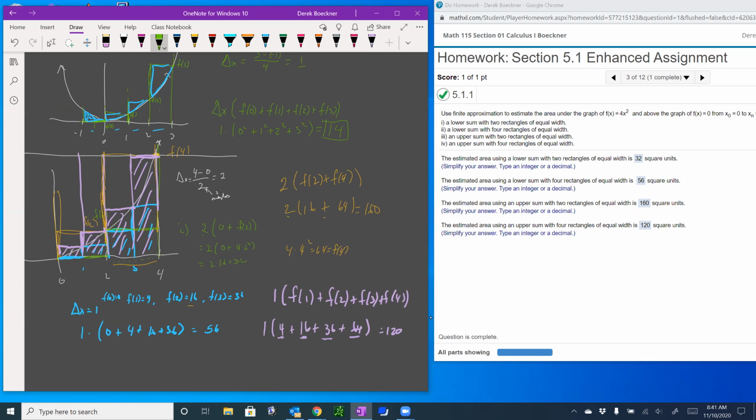Green was the first rectangles we had. And then blue was the next lower estimate, right? So when I put in a new rectangle on the green, that allowed me to pick a higher point somewhere else in one of those 2 rectangles.